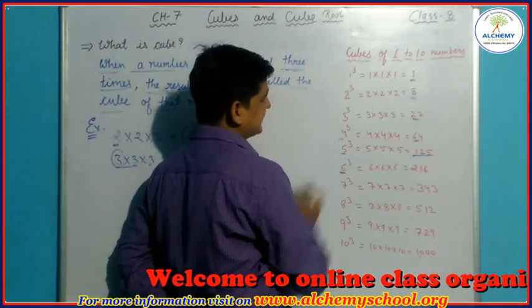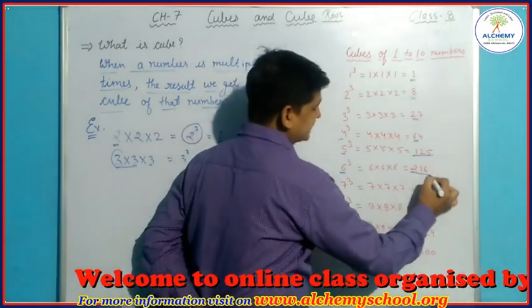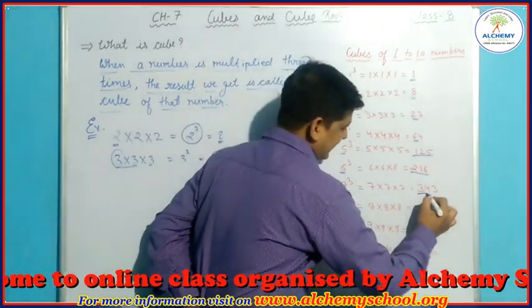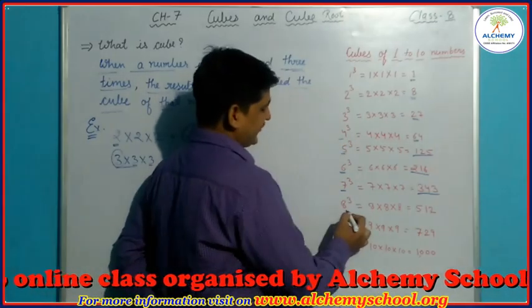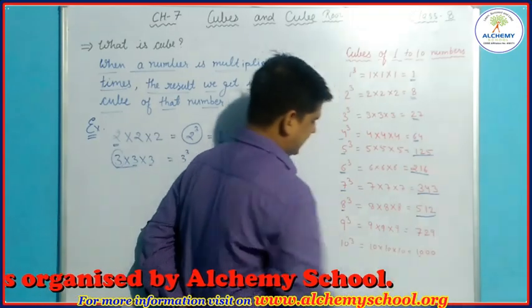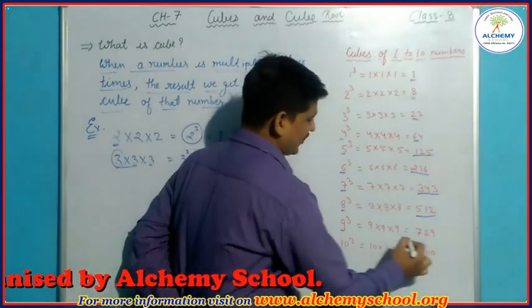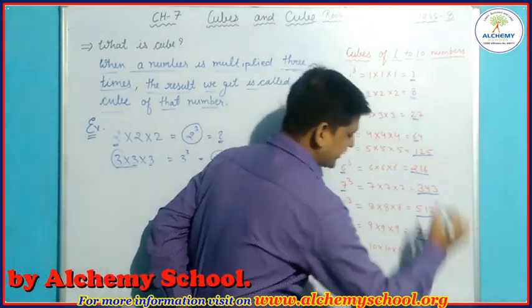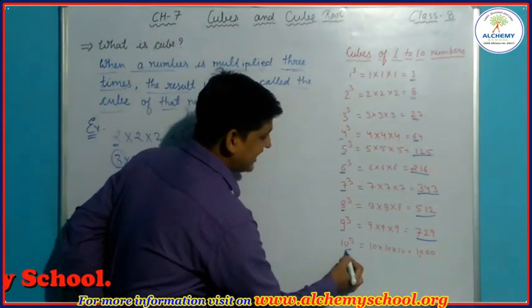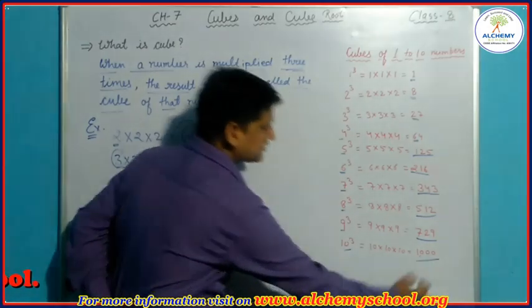The cube of 6 will be 216. The cube of 7 will be 343. The cube of 8 will be 512. The cube of 9 will be 729, and at the end the cube of 10 will be 1000.